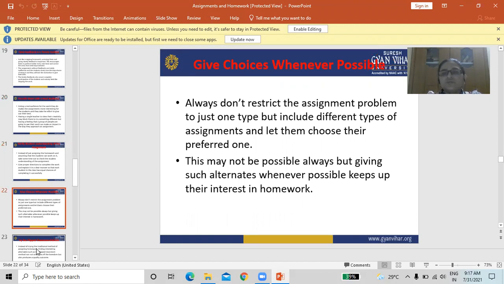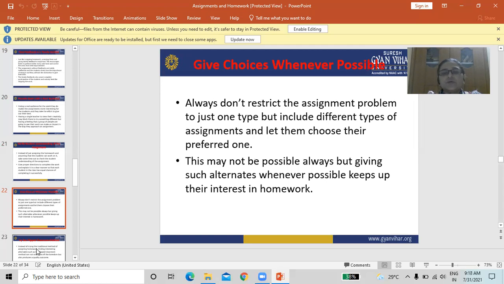Give choice whenever possible. Don't always restrict the assignment problem to just one type, but include different types of assignment and let them choose their preferred one.